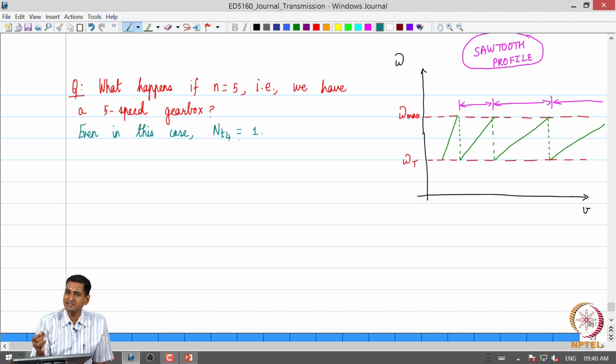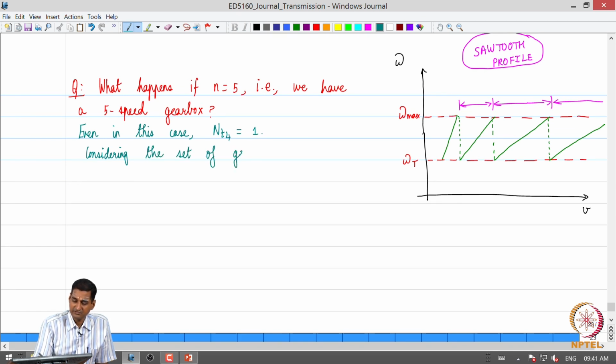So, still we consider the intermediate gear ratios to be in geometric progression, considering the set of gear ratios to be in geometric progression.